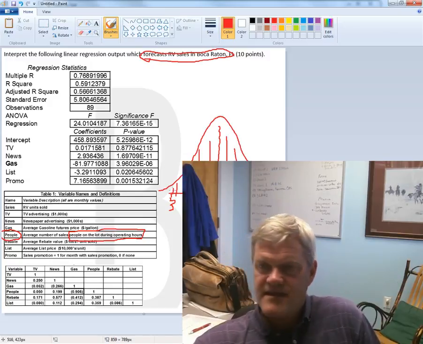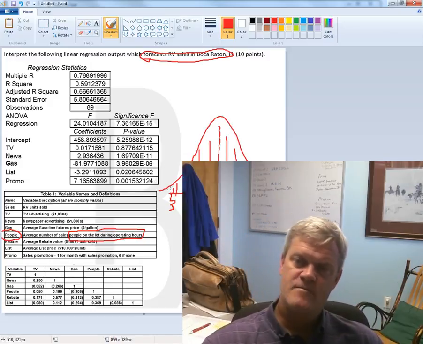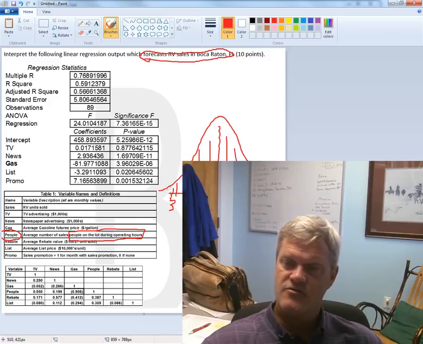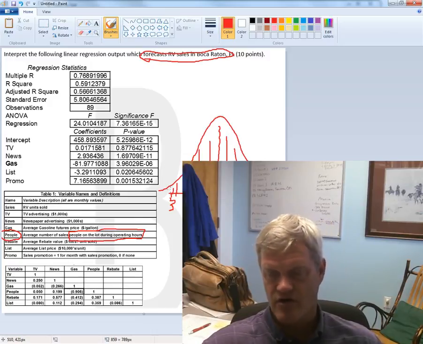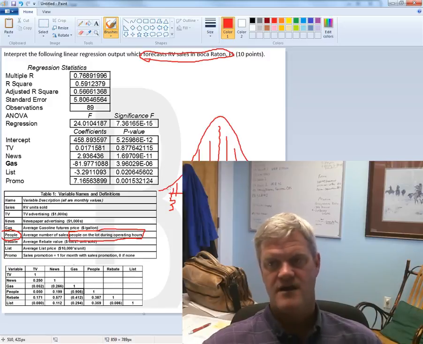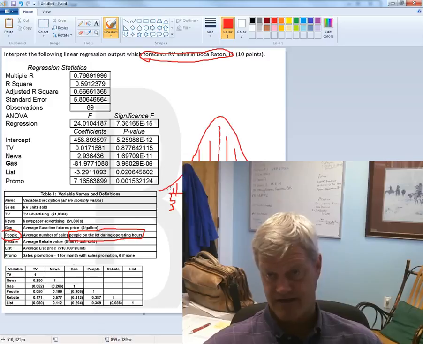Okay, I think that's enough, but just go back through that, make sure your significance F is low enough before you go any further. Know that your R squared is only as good as you've got something to compare it to, right? If you're looking at one R squared by itself, you don't really know if that's good.